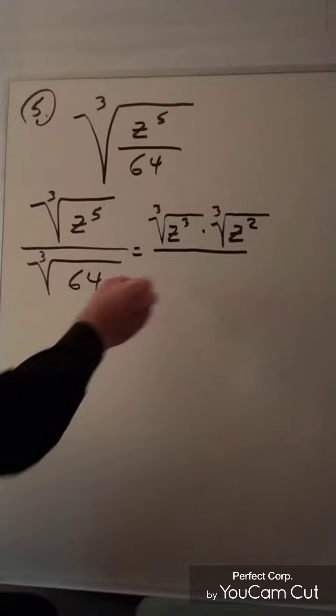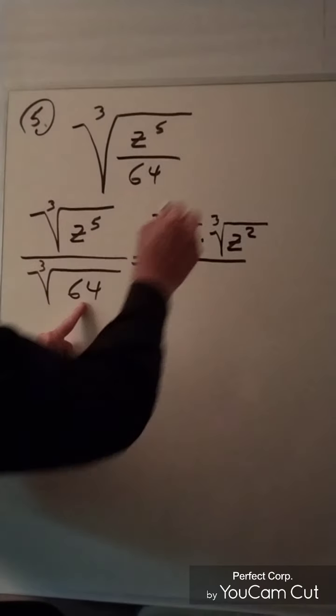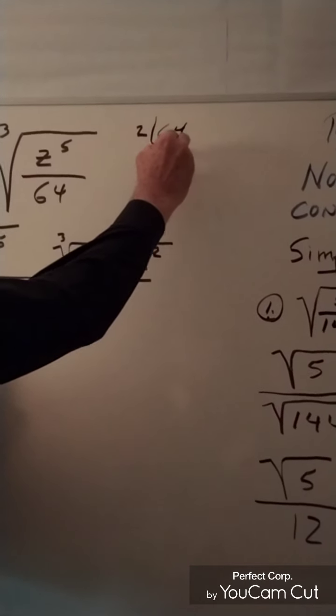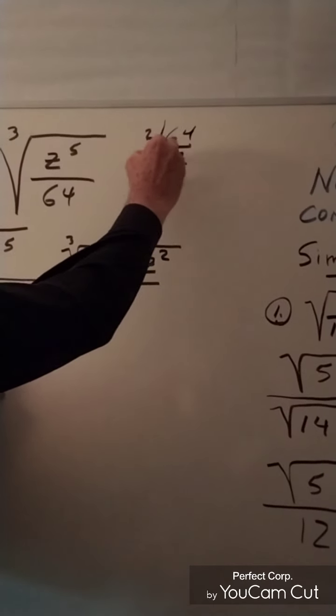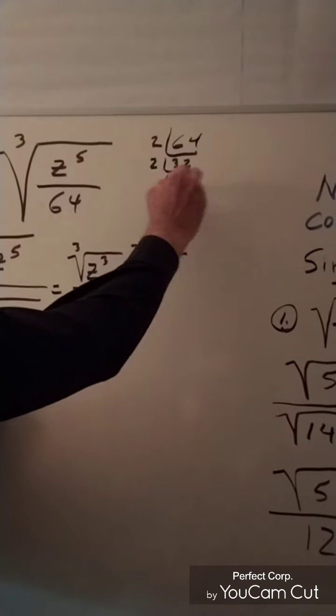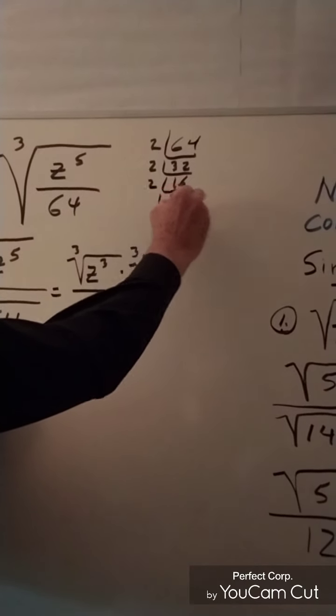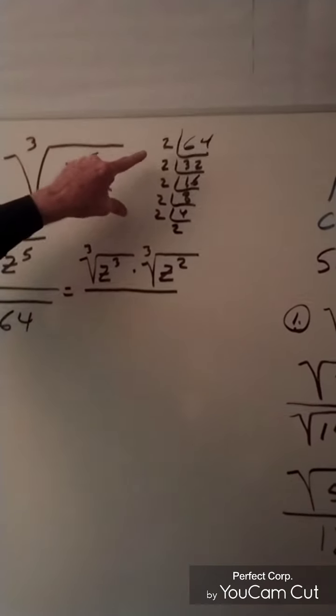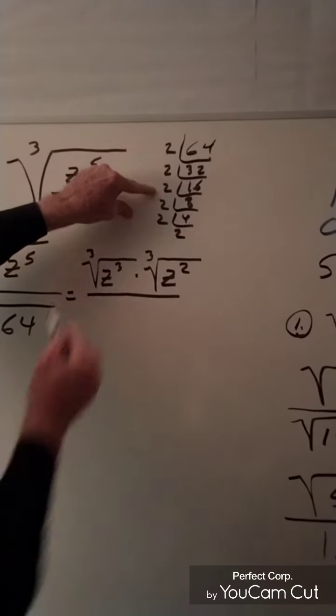Now let's go to this one right here. 64. That's 2, 32. That's 2, 16. That's 2, 8. That's 2, 4. And that's 2, 2. Here's 3 of a kind.